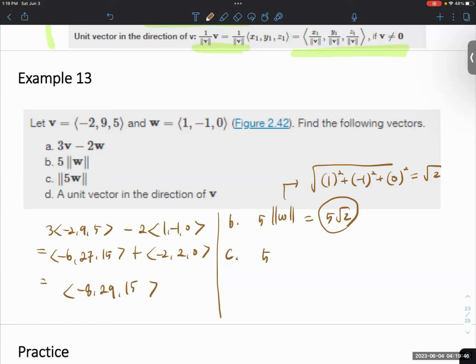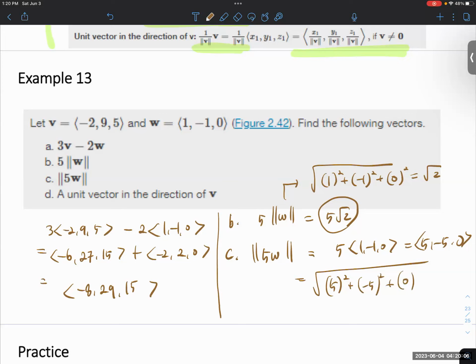C, the magnitude of 5W. You have to multiply 5 with W first. Then after, you put the magnitude. So this is 5, negative 5, 0. Then the magnitude will be 5 squared, negative 5 squared, 0 squared. You will get radical 50.